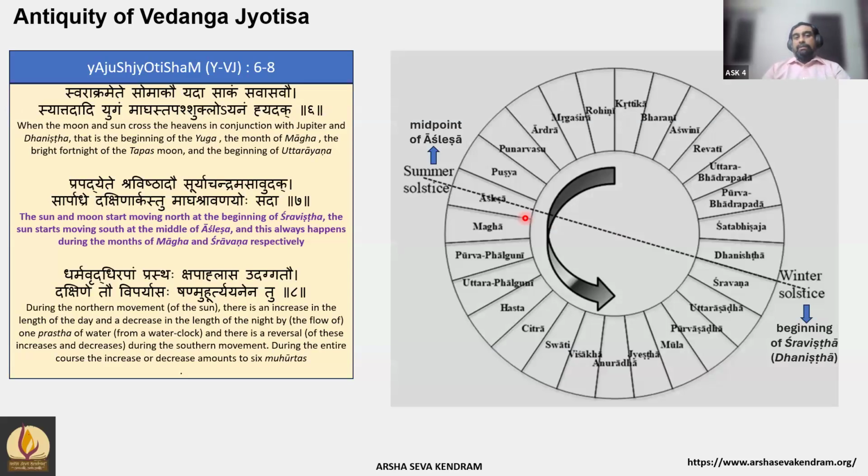This summer solstice, of course, you might also know, is the longest day in the northern hemisphere, where the difference between the duration of the day and the duration of the night is maximum.